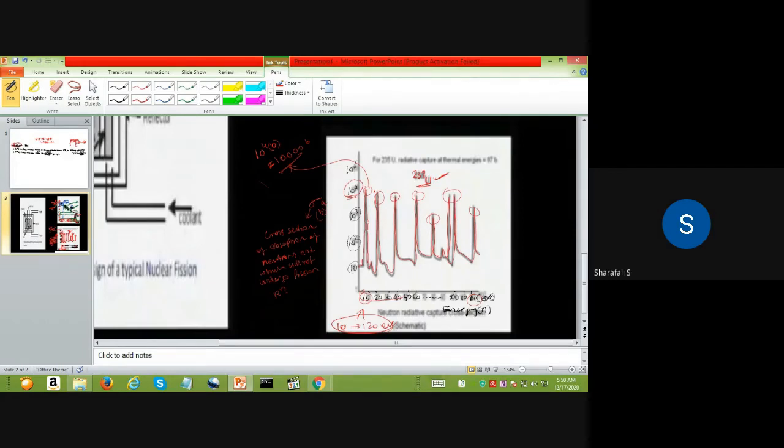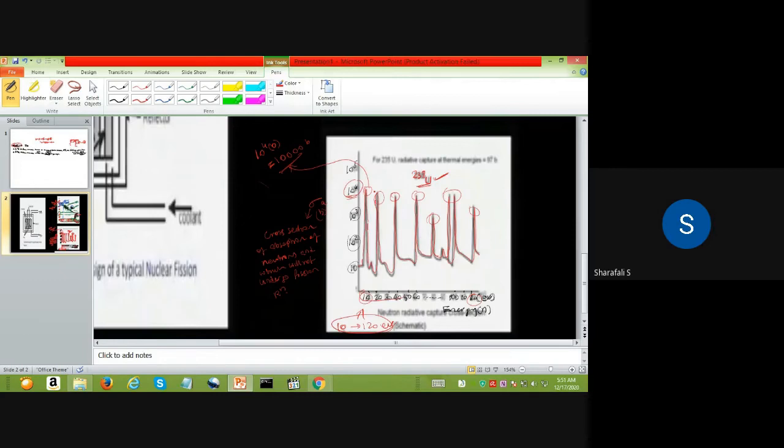The absorption cross section is very large for very low energy neutrons, which means the probability of a low energy neutron getting absorbed by uranium 238 is very large, but it will not give you a fission reaction.